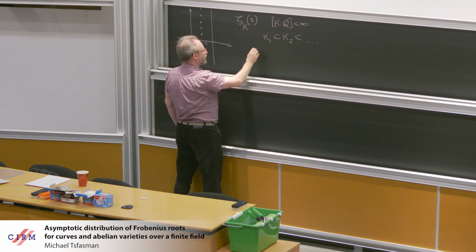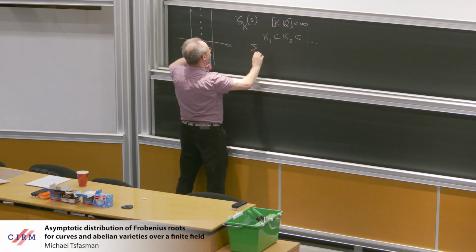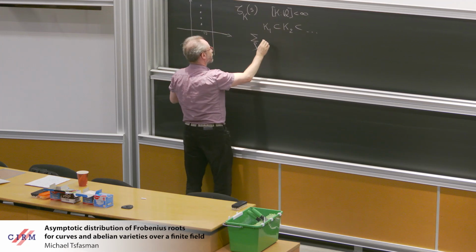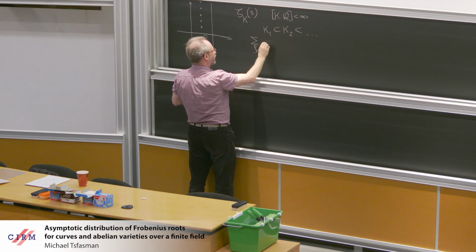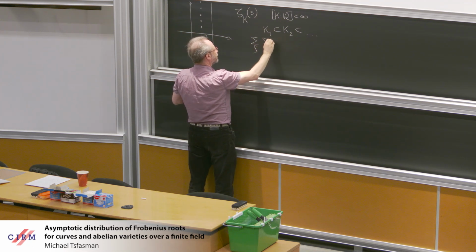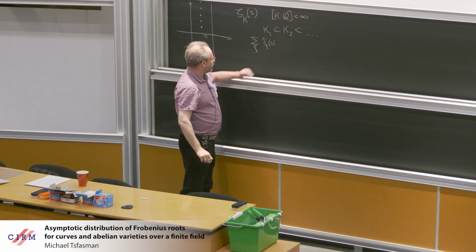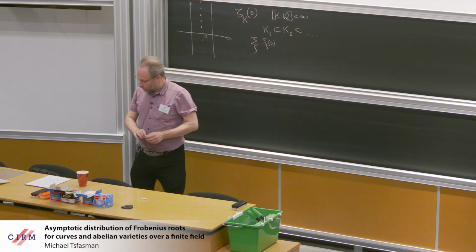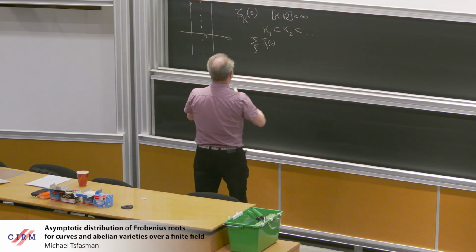So the measure is I sum over all zeros rho the Kronecker delta function in rho. So for me, this is a measure.